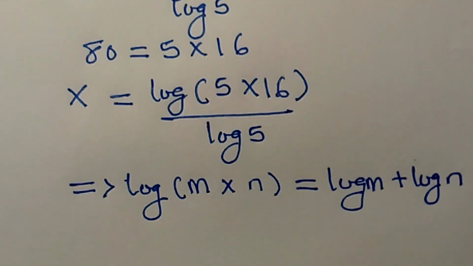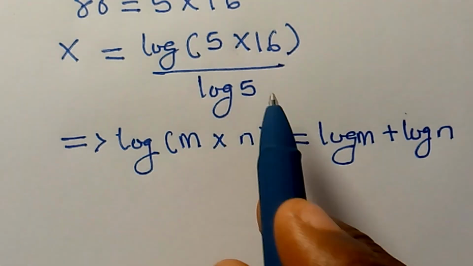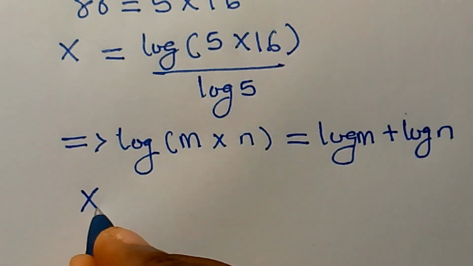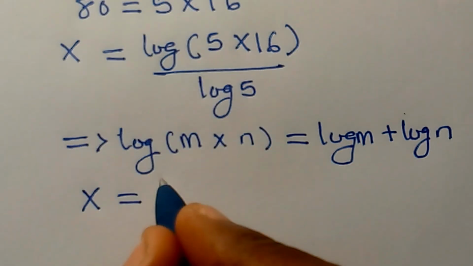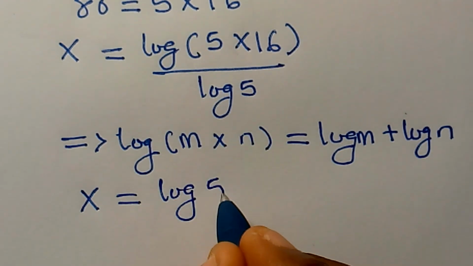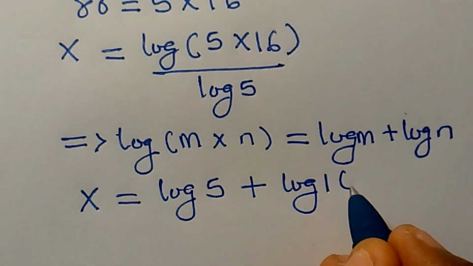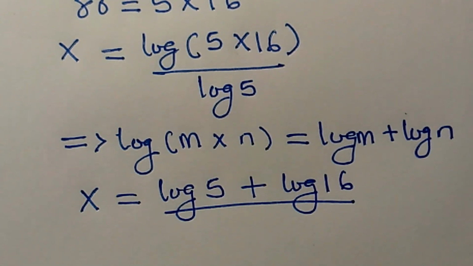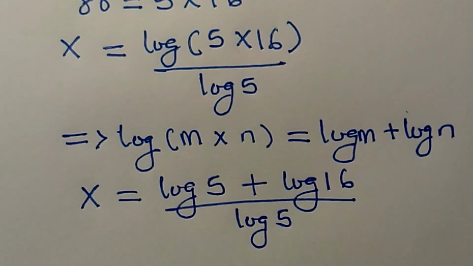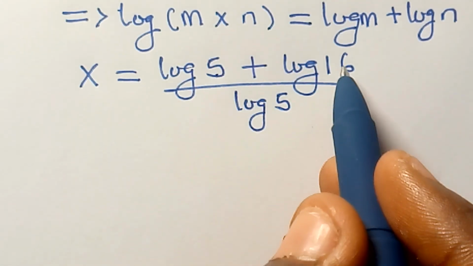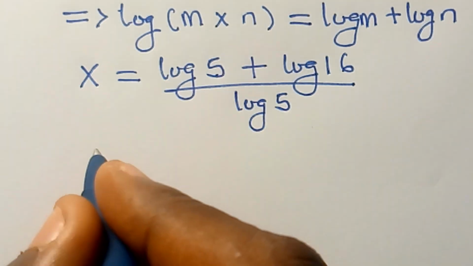All right, so now we apply this to the numerator. We'll have x equals log 5 plus log 16 divided by log 5. So we divide each of log 5 and log 16 by log 5.